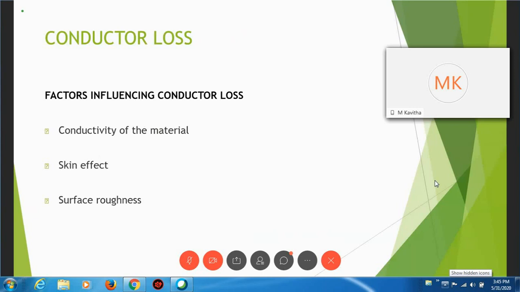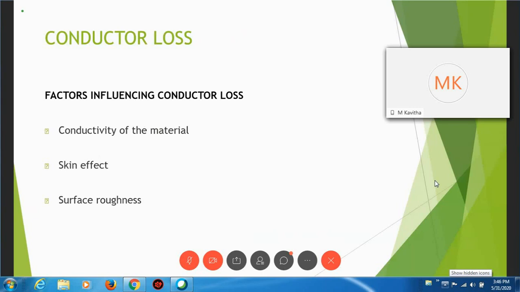The strip placed on the substrate is a conductor strip, and each conductor has a finite conductivity. Current flows at the outer surface of the conductor, and this current density decreases exponentially toward the bulk of the conductor. Due to the current flow in the bulk of the conductor, there is an increase in resistance, so we get some losses, called conductor losses.